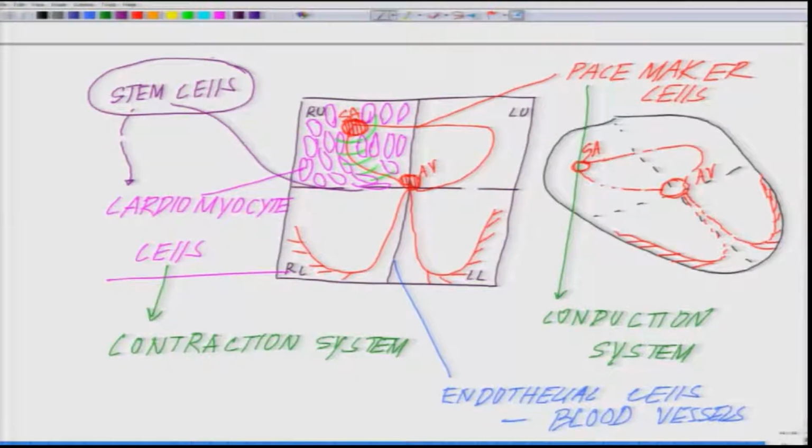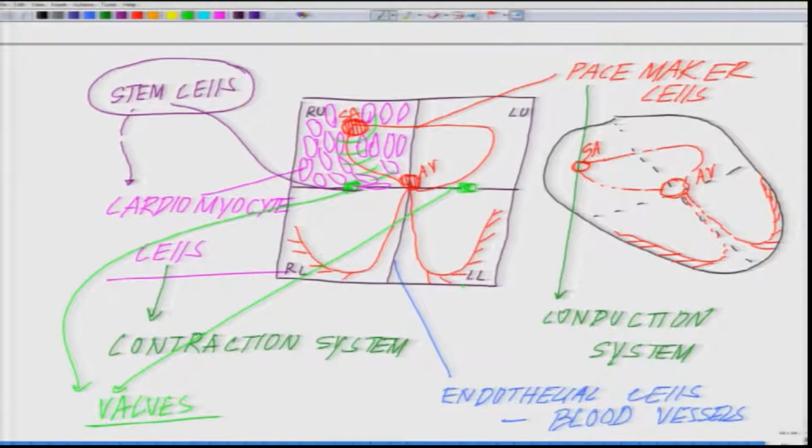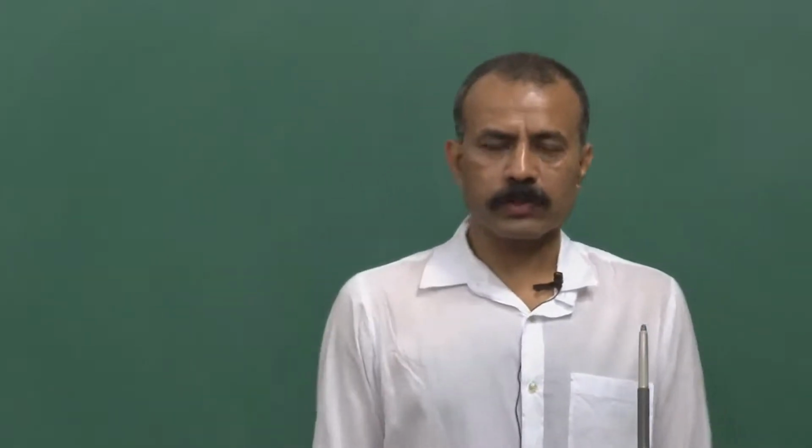And apart from it, there is another cell type which is forming these different kinds of valves, which are more cartilaginous tissue, a much different kind of soft tissue.